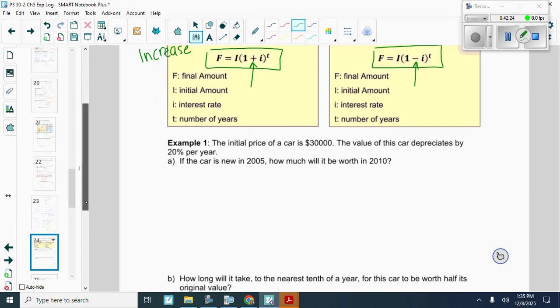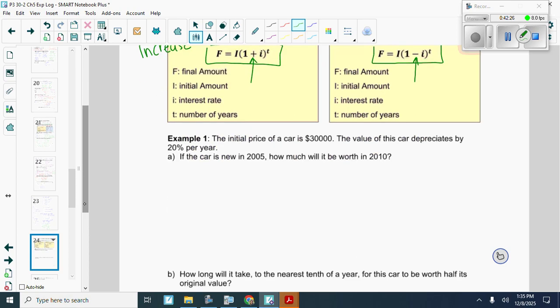All right, let's take a look at this. The initial price of a car is $30,000. The value of the car depreciates by 20% per year. If the car is new in 2005, how much will it be worth in 2010? The process that we do, we still write out everything we know. We're trying to figure out how much it's going to be worth, the final value.